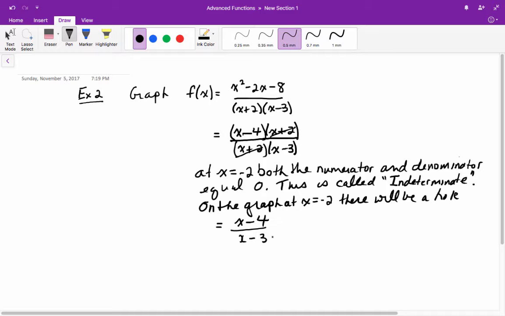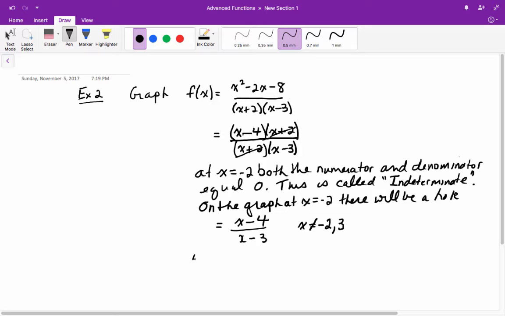And we probably should state restrictions here. Obviously, x cannot equal -2, as we're about to see. And x cannot equal 3 because we'd be dividing by 0. So x cannot equal -2 or 3.